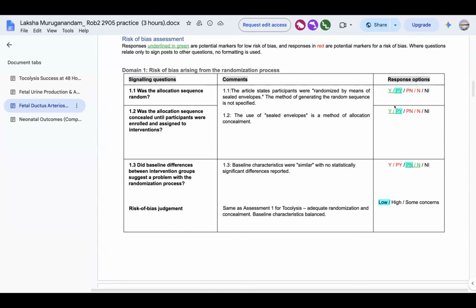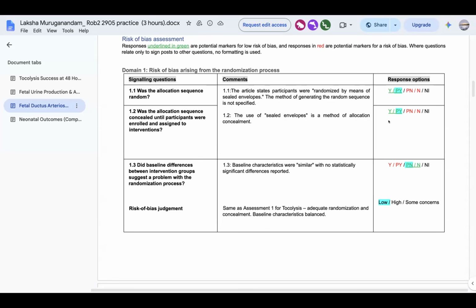And then she also said PY for this one as well. Well, it's concealment, but is it random? It doesn't specify that. So I think the best response would be NI for both 1.1 and 1.2. All right.